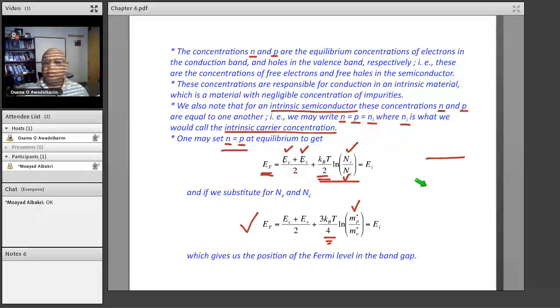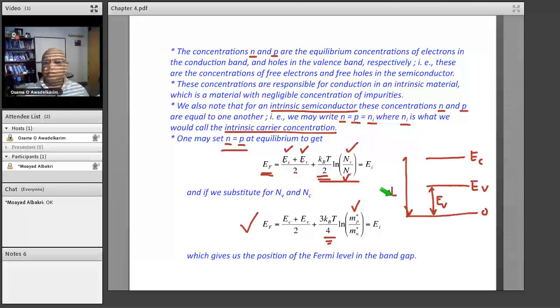So let us draw a diagram like this. This is my EC, and this is my EV. Let's assume that my zero in energy is here. So this distance is EV, and this distance here is EC.